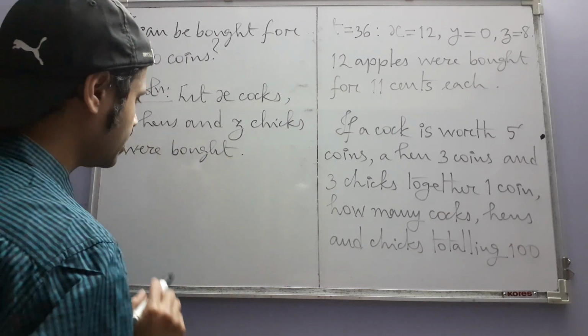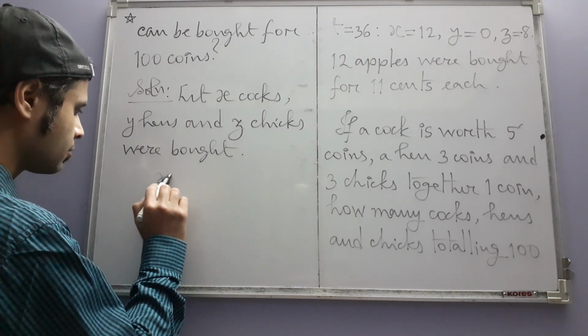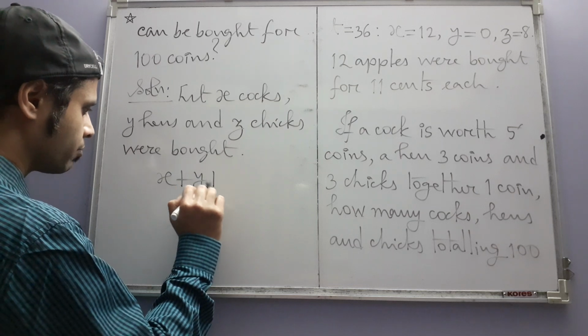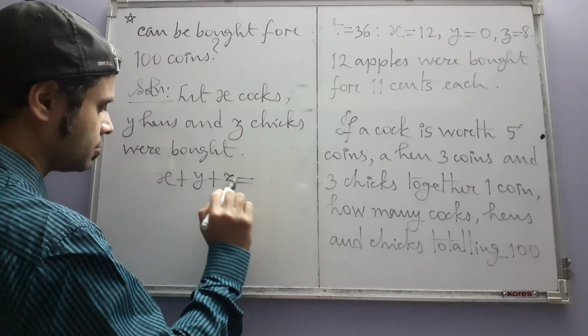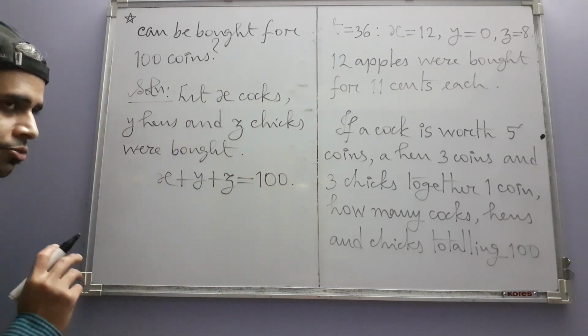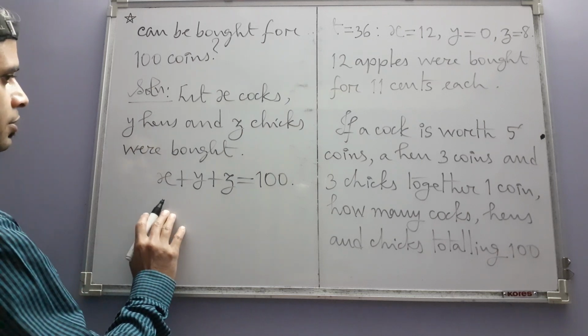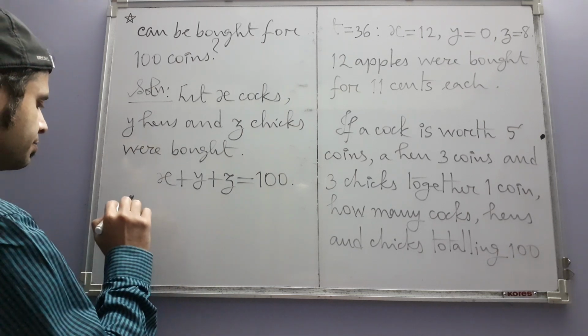Then we are going to get 3 equations. One of them is simply x plus y plus z equal to 100. This is the total number of items purchased, and the other one is about costs in coins.